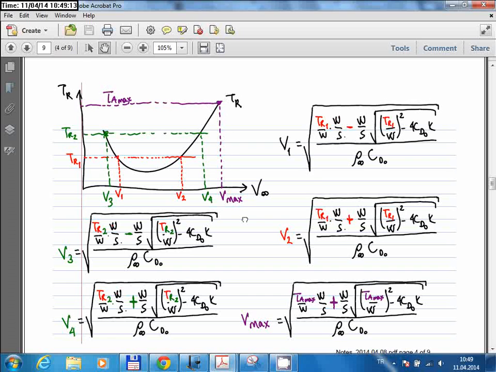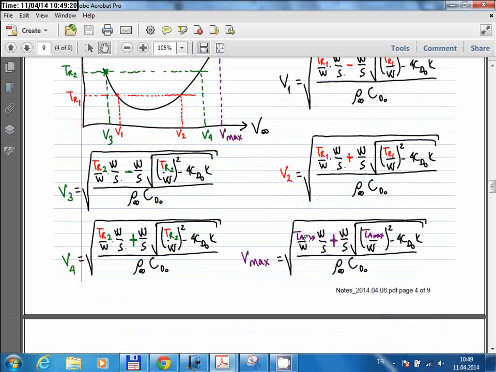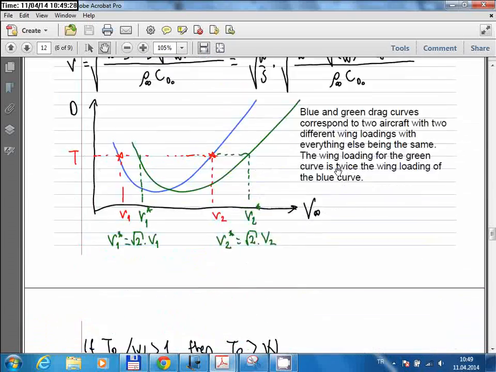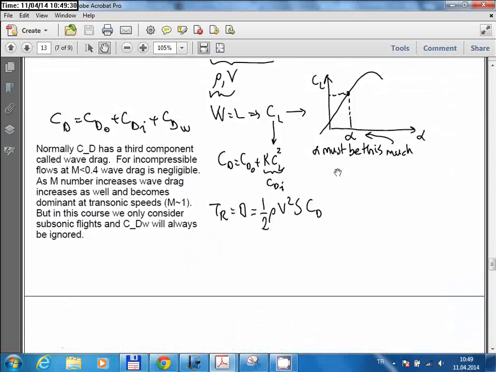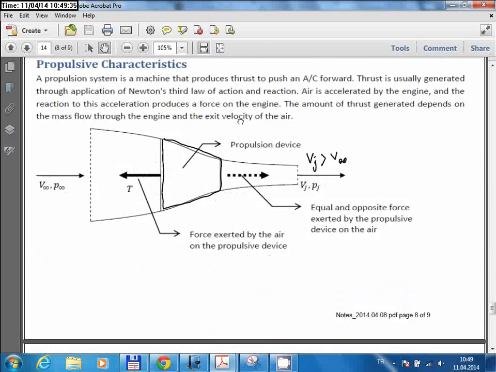And if you want to find the numbers using equations, then you go back to the same equation, and for the thrust value you simply put the maximum available thrust value. So let me just quickly pass here.